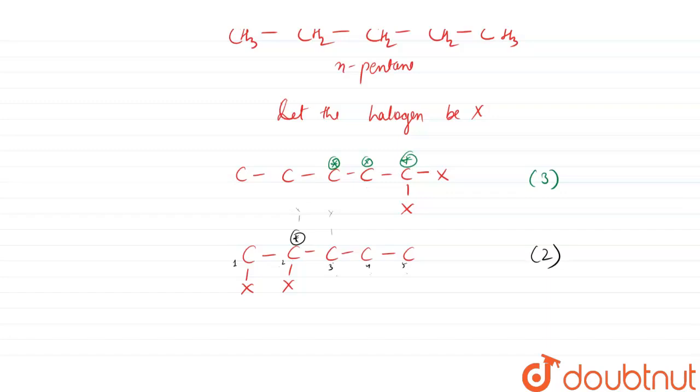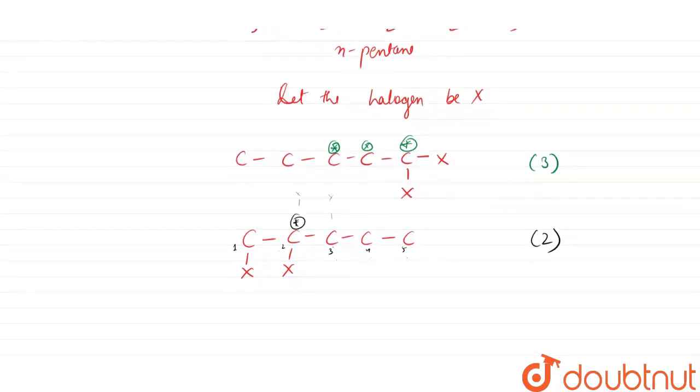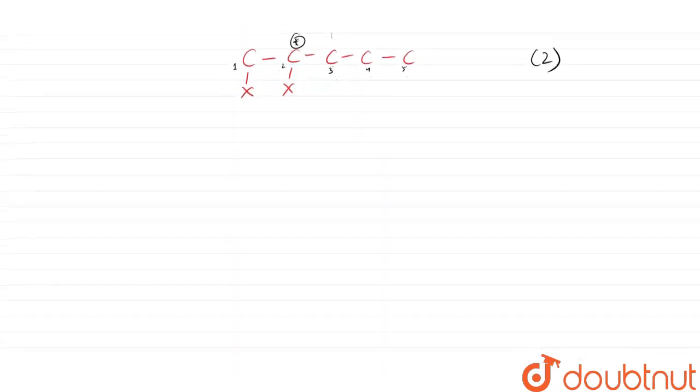Okay, now moving on to the next case, where I am leaving one carbon and then attaching the other halogen atom. So here we will have 1, 2, 3, 4 and 5, and I am attaching one halogen on the first carbon, leaving one carbon and then attaching one here.